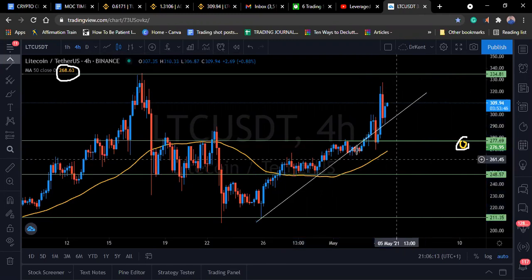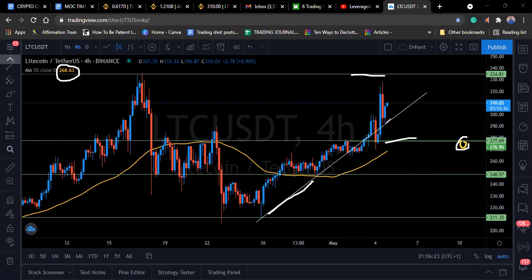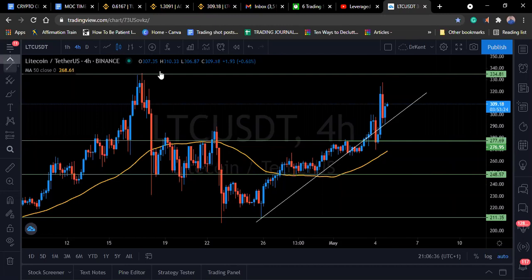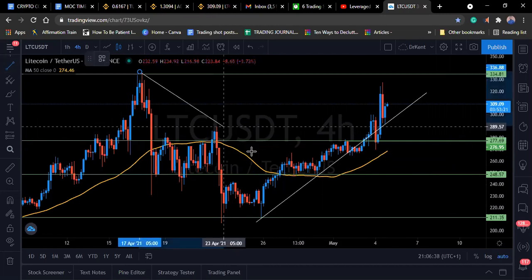Now, both these horizontal resistance, horizontal support, diagonal support, then the other one which I showed you, diagonal resistance.